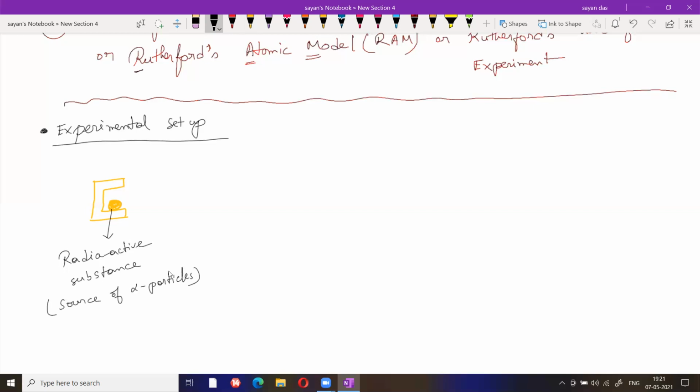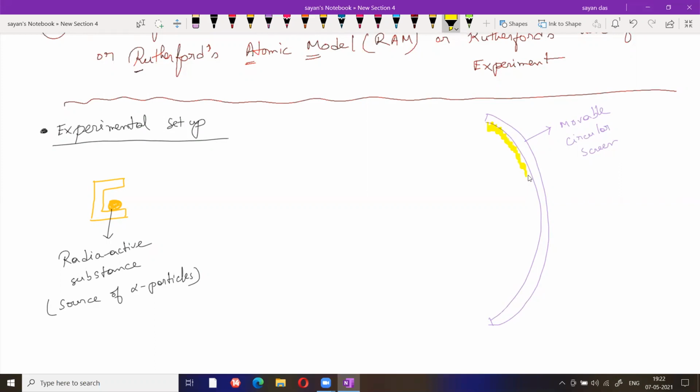And this one here is a movable circular screen. Here a zinc sulfide coating is present.